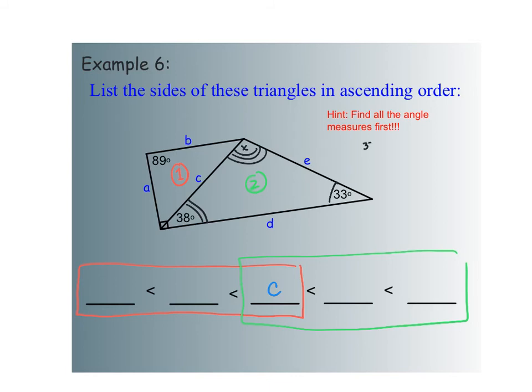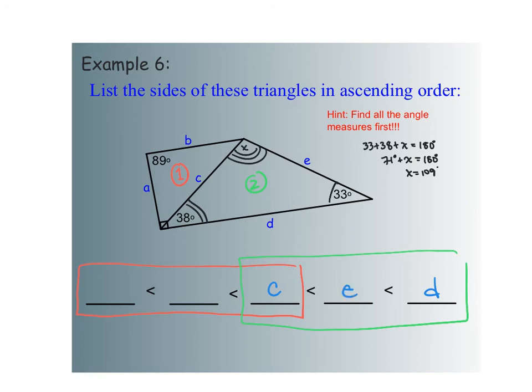So 33 plus 38 plus X, triangle angle sum conjecture, should equal 180. 33 and 38 is 71. And I subtract 71, that gives me X equals 109. All right, so if X is 109, that is the largest angle in that triangle. Therefore, D is the largest side in that triangle. That makes E the side in between.